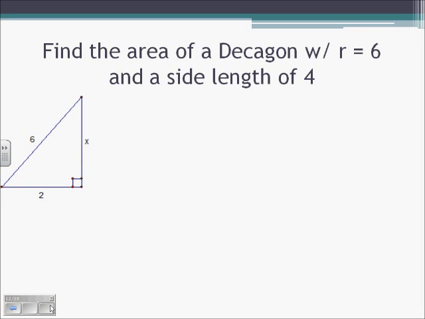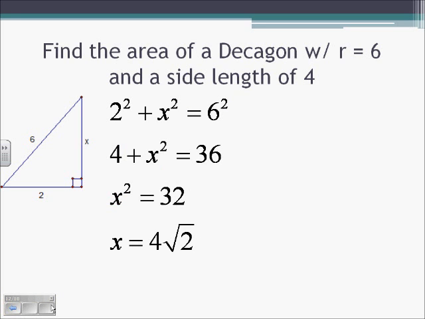So we have 2 sides of our right triangle here, so we can use the Pythagorean theorem to find x. We know 2 squared plus x squared is going to equal 6 squared. Solving that for x, we're going to get x equal to 4 times the square root of 2. We know x is equal to our apothem, so our apothem equals 4 times the square root of 2.